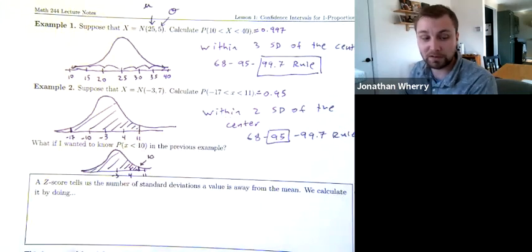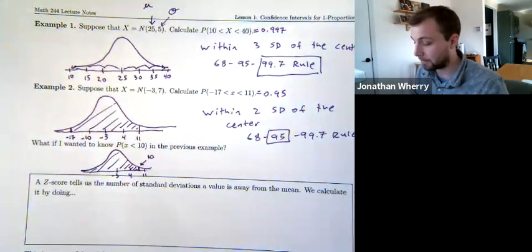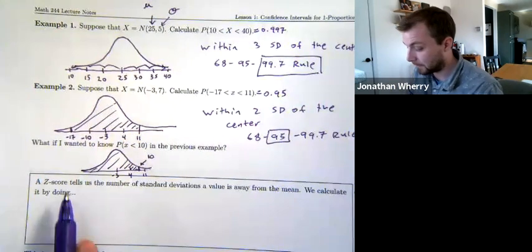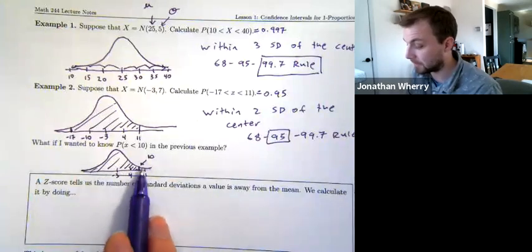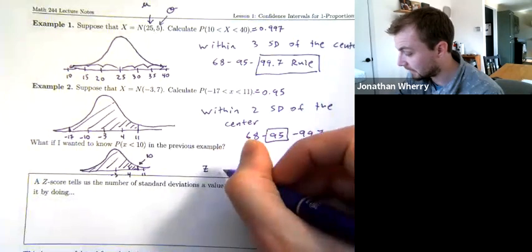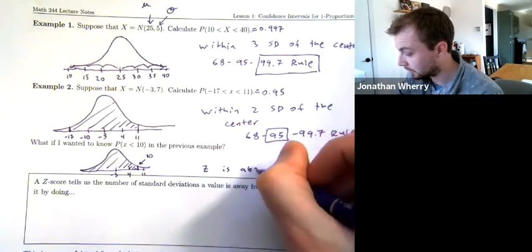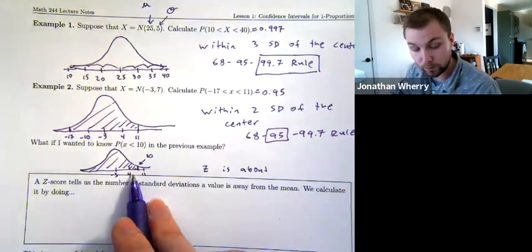When I'm in a situation like this, I use something called a normal table. So here's going to be my process. First step, I'm going to calculate a z-score to figure out exactly how many tick marks away. And already as a guess, I see that z is more than 1 tick mark, but less than 2.